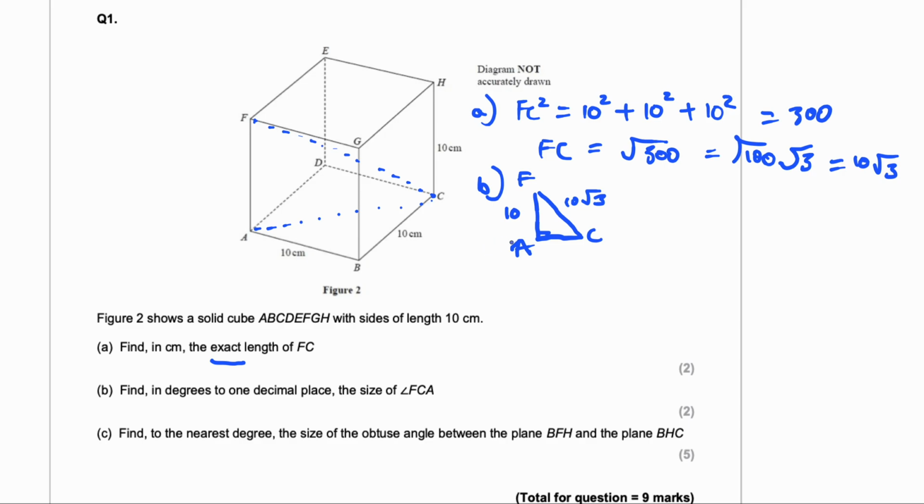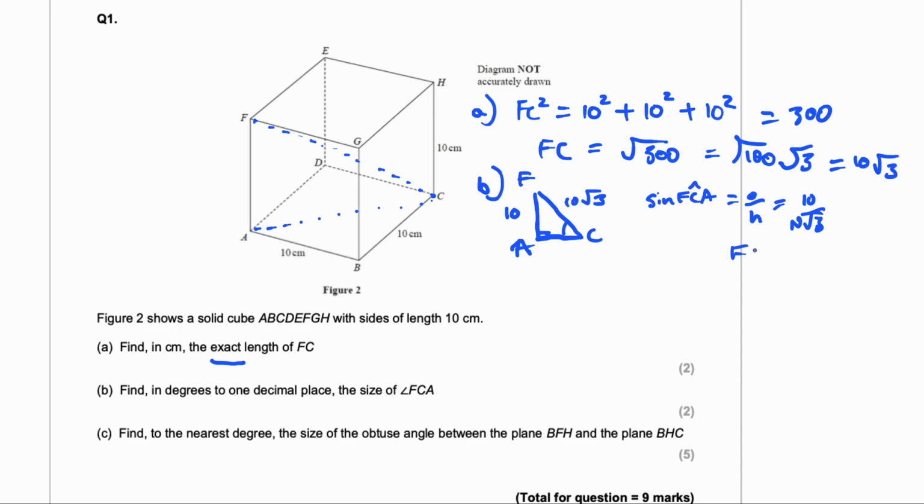Therefore, to find the size of the angle FCA, that's going to be opposite and the hypotenuse. So sine FCA is opposite over hypotenuse, which is 10 over 10 root 3.